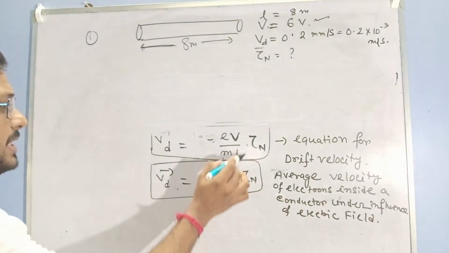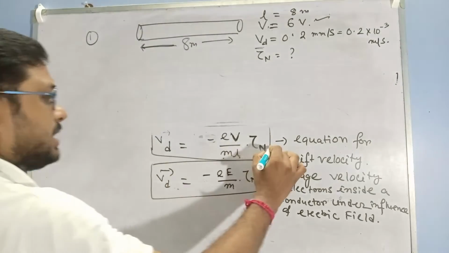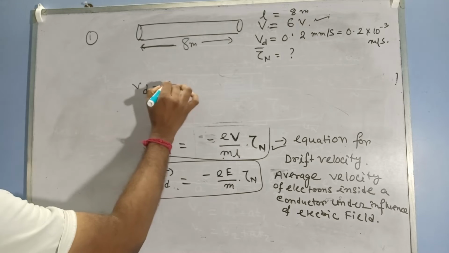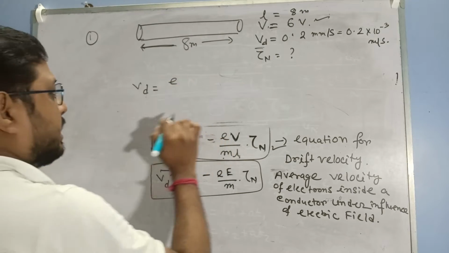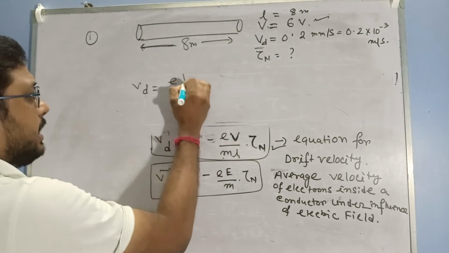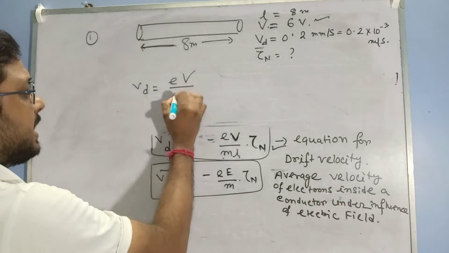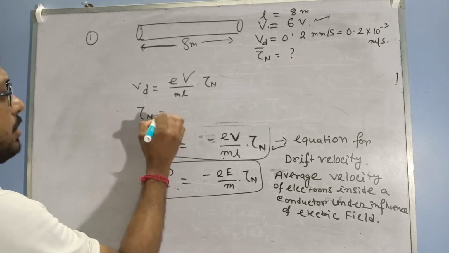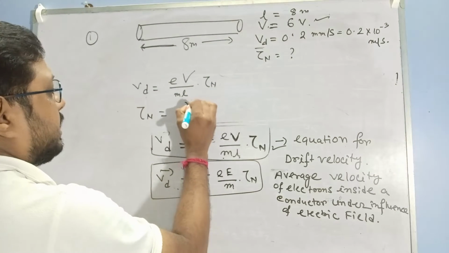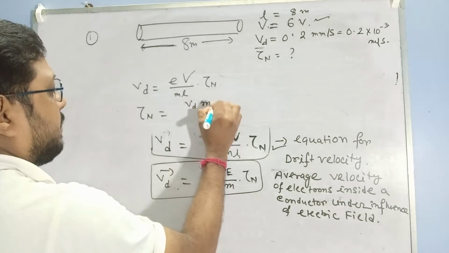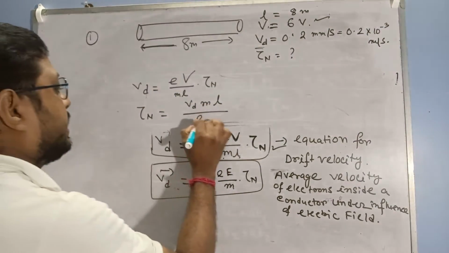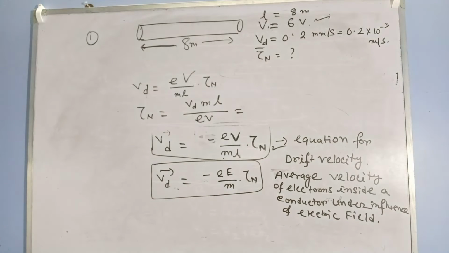From equation 1, Vd equals EV divided by ml tau n, neglecting the negative sign. Then tau n equals Vd ml by EV.